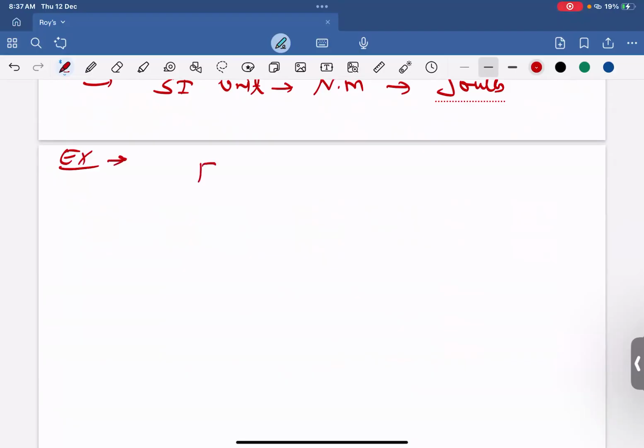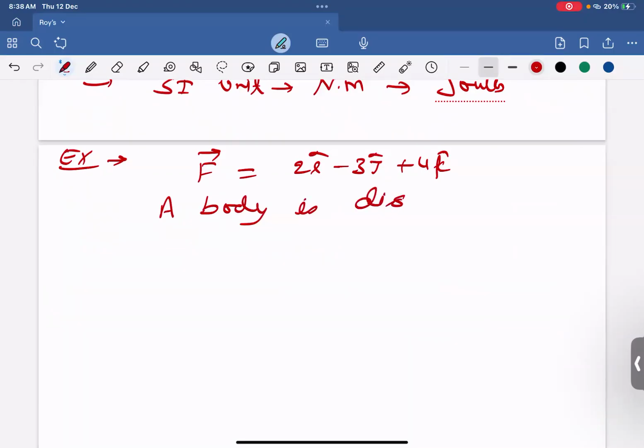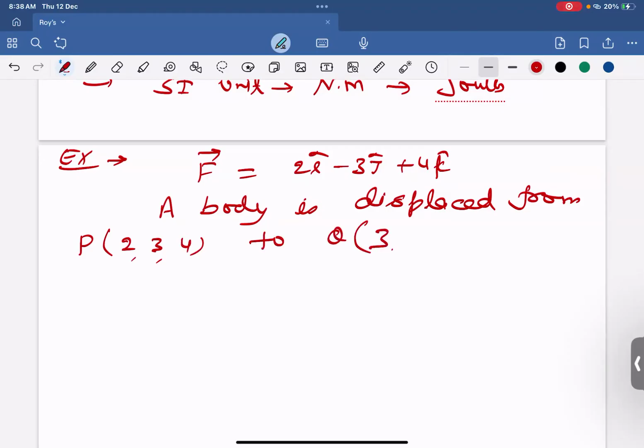Let's suppose the force vector is given as 2i cap minus 3j cap plus 4k cap, and a body is displaced from point P whose coordinate was 2, 3, 4, to point Q whose coordinate was 3, 1, 5.